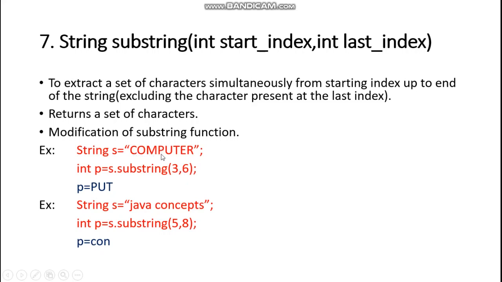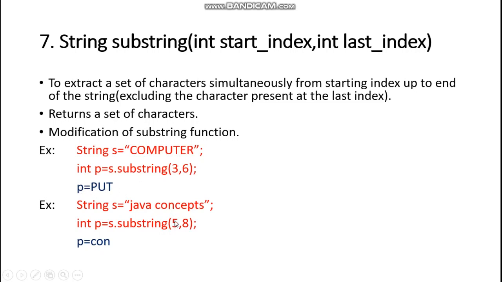I'm starting from P here, and the sixth index is E. But one condition is there: the sixth index is not included in this type of substring function. That is why I mentioned here excluding the character present at the last index. So I'm not including the last index here. Till 5 I can take. So from P to 5, that is put. So I will get the value as put.